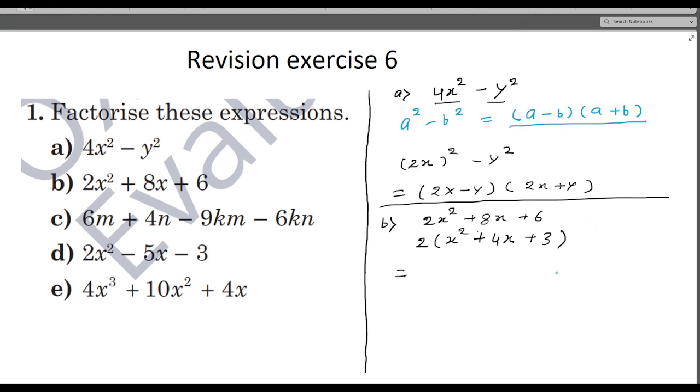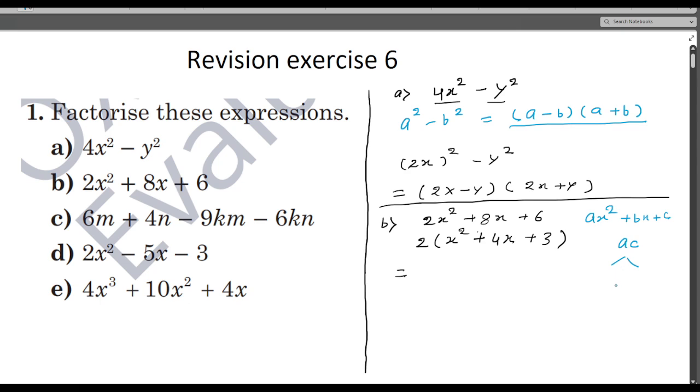When your quadratic is of the form ax square plus bx plus c, we should find the product AC and divide it into two factors, say P and Q, such that P plus Q is equal to B, with sign.